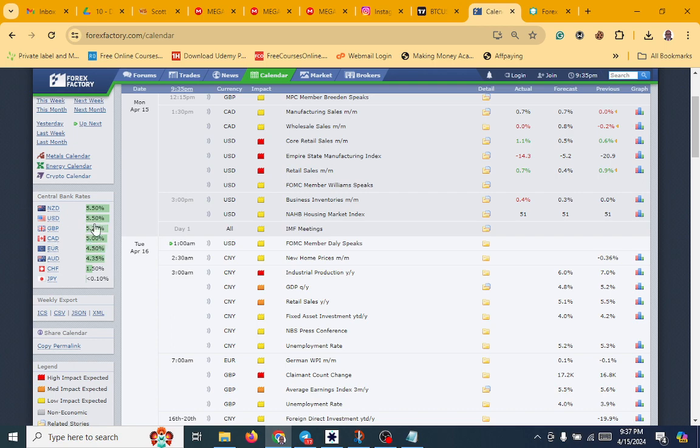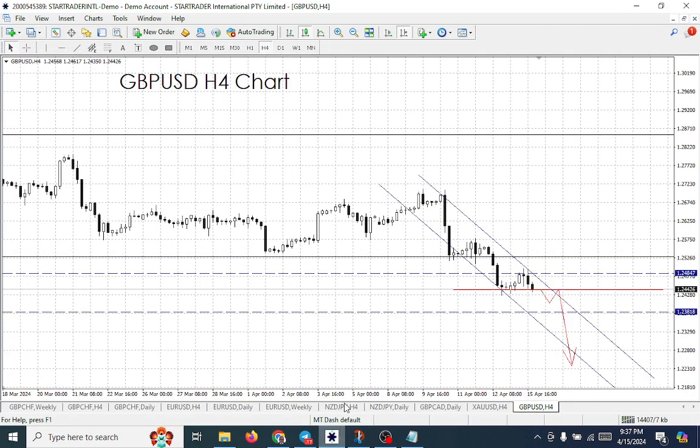This is what gives the United States an upper hand, and that's why I think people are mostly shorting this pair, because the interest rate in the United States is higher than that of Great Britain. That means you make more money investing in this economy than in that one, and that should be driving the market. That's why you see people shorting this market on the short to medium time range.